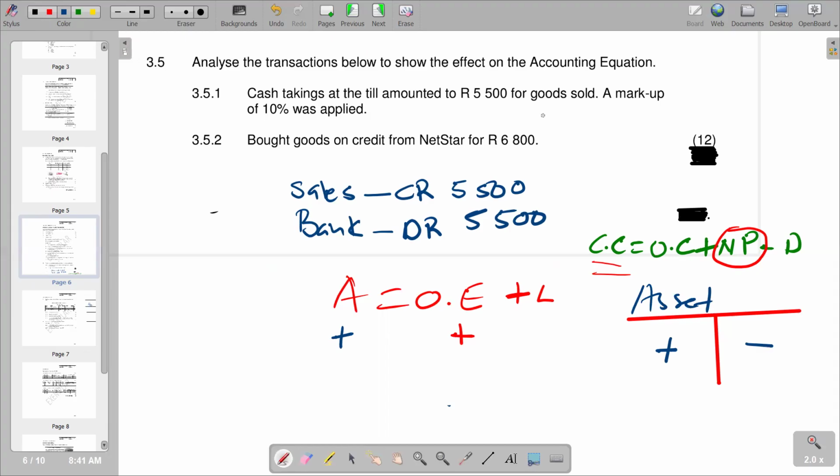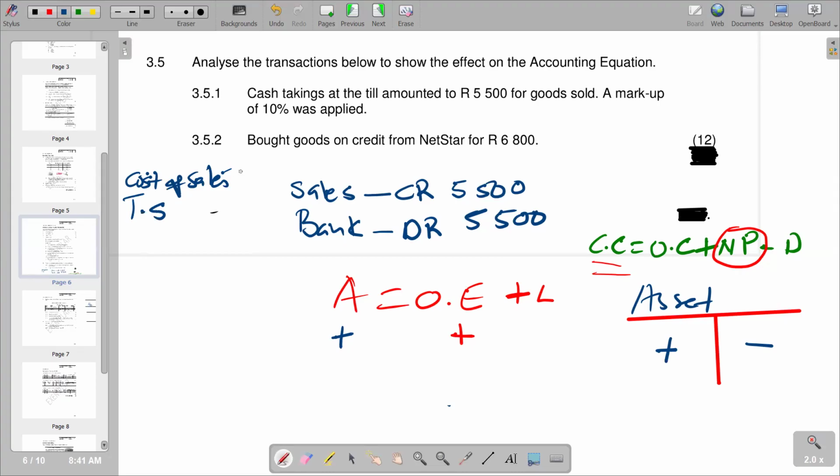The second double entry involves the issue of cost of sales. Remember, whenever we sell goods, we have cost of sales as one of the accounts, and the other account becomes trading stock. As we sell the goods, they are going out of the business, so it's going to be a negative on trading stock, as it is reduced when the goods leave the business.